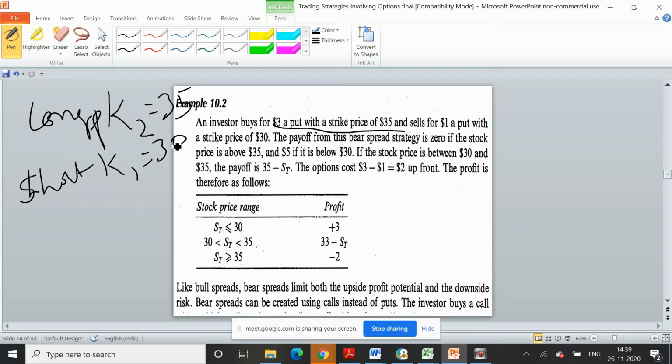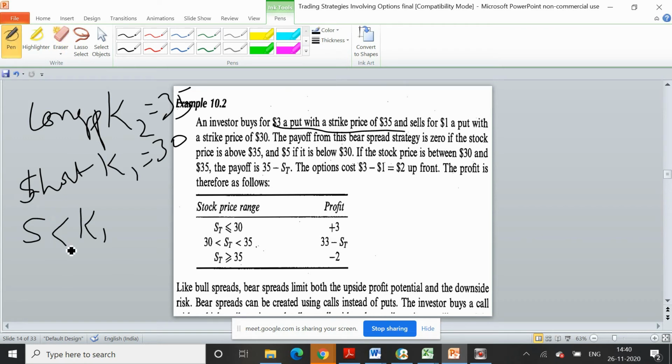If the stock price is between these, okay, this is how they have solved it. But we can also solve it using some hypothetical figures for the spot price. Let's say the spot price is less than K1, that means less than 30.